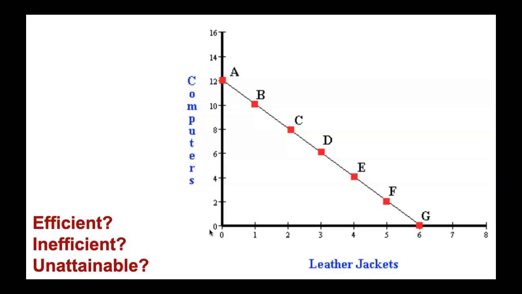Would that be efficient, inefficient, or unattainable? And lastly, what if production were set at 3 units of leather jackets and 8 units of computers? Would that be efficient, inefficient, or unattainable production level?